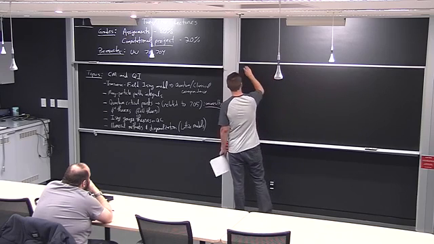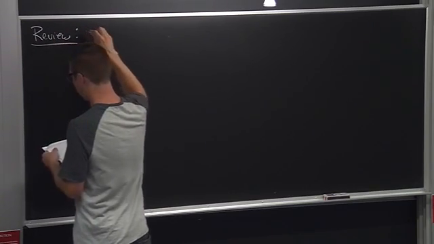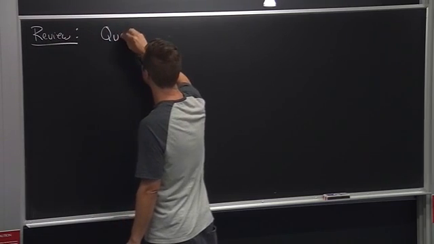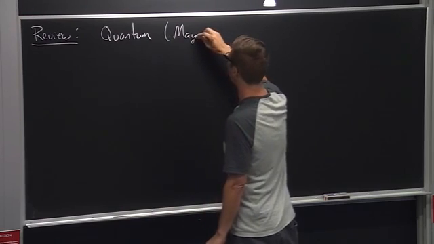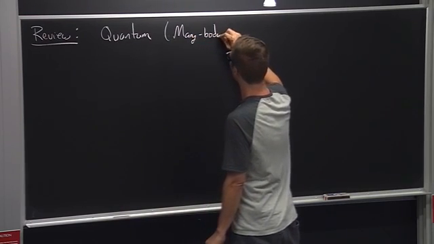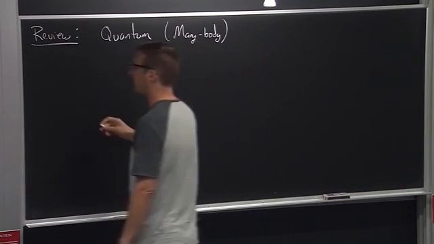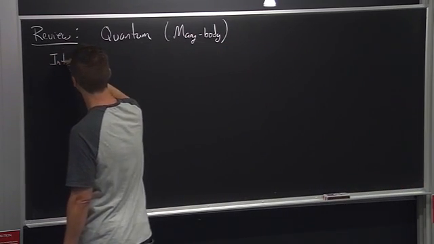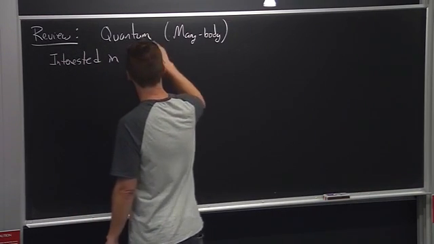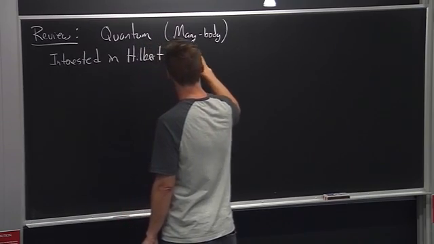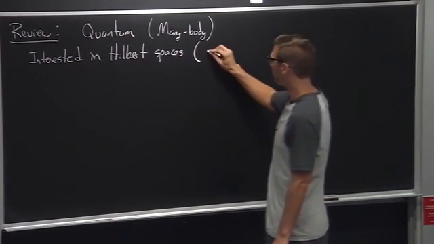So just a review of some topics in quantum many-body physics, which may or may not be many-body. We're interested in Hilbert spaces, and operations on those Hilbert spaces, which gives us the idea of an operator.